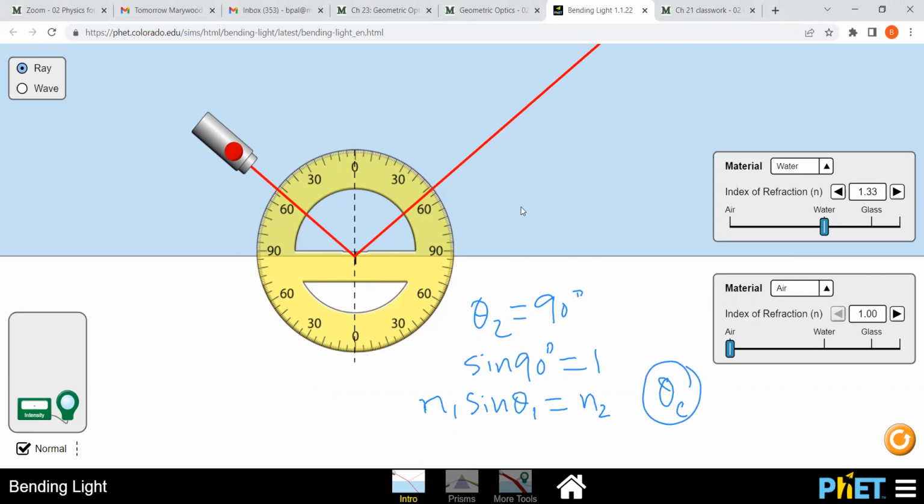We call this phenomenon total internal reflection. All the rays are reflected rays. I mean, for the incident ray, there is no refraction, there is only reflection.